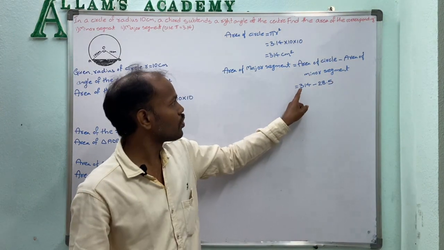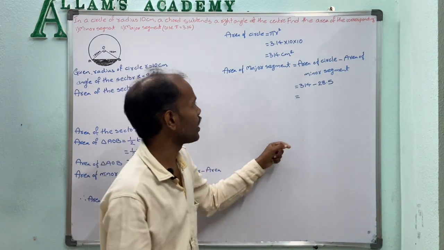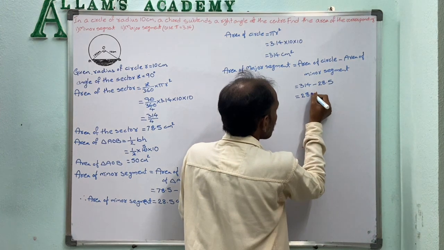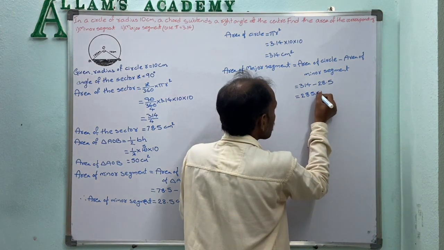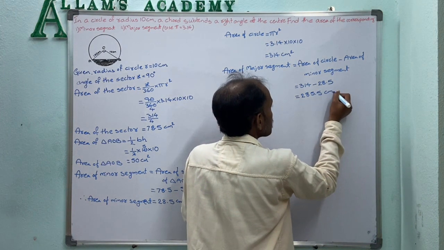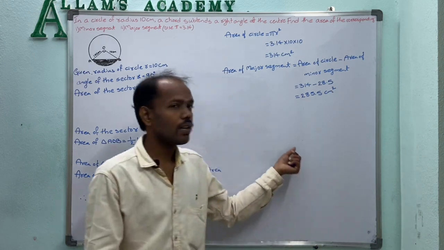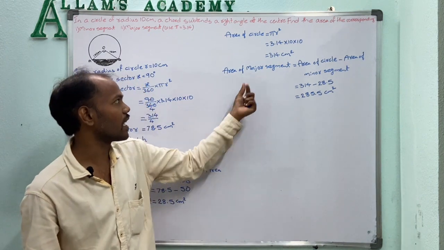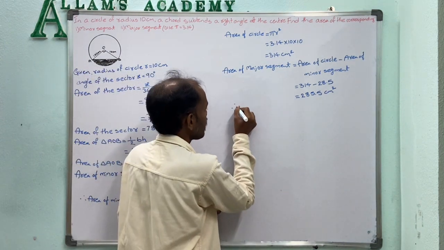Now 314 minus 28.5 is 285.5 centimeter square. 285.5 centimeter square is the area of the major segment.